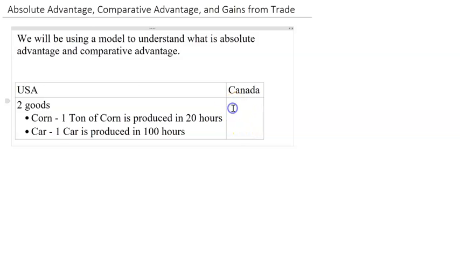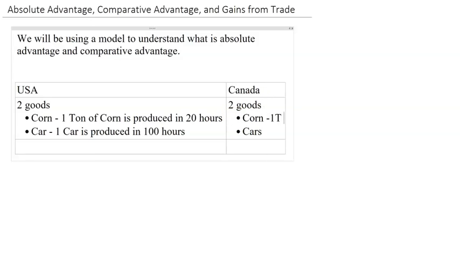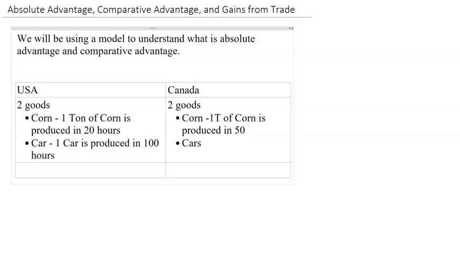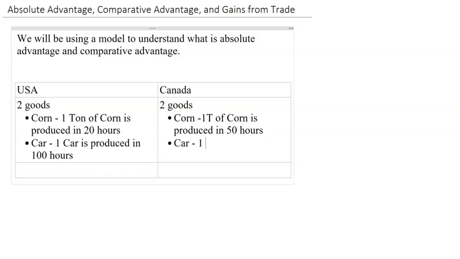Canada can also produce two goods. The two goods of Canada are, again, corn and cars. In Canada, 1 ton of corn is produced in 50 hours, and 1 car is produced in 150 hours.